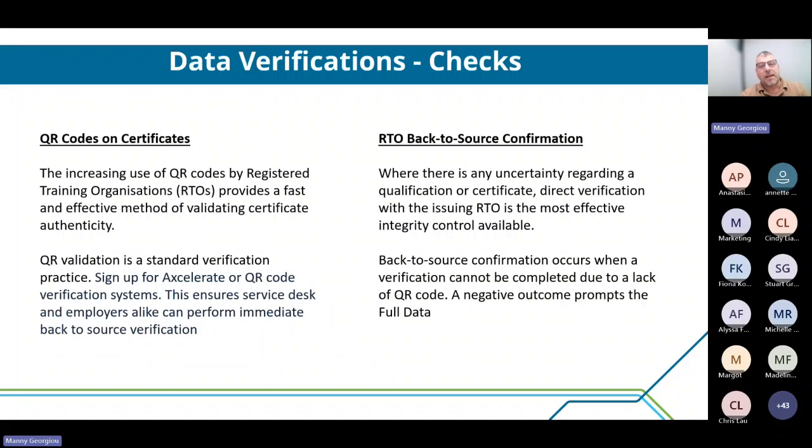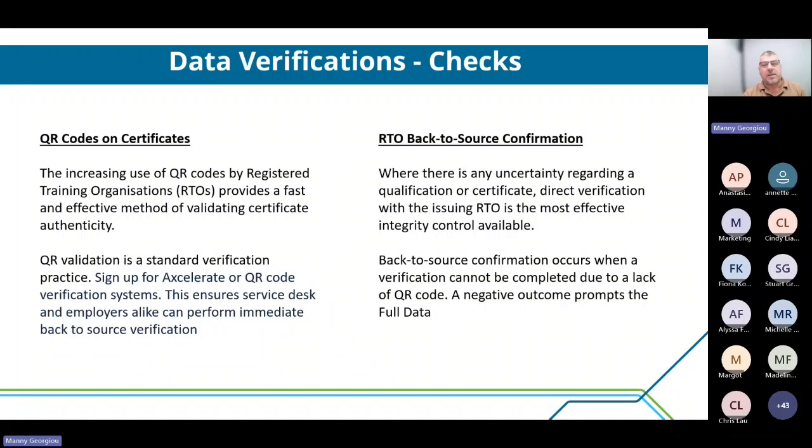Now, the extreme end of that data integrity process is the appointment of an independent auditor, and they conduct a deep dive into organisations and make recommendations around their processes and procedures to ensure that any data integrity issues that are picked up are addressed if there's a systemic issue within an organisation.